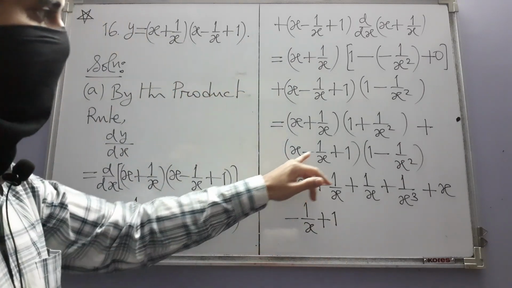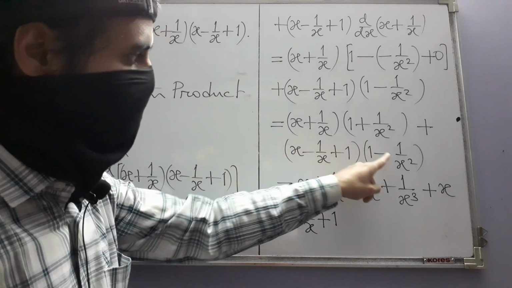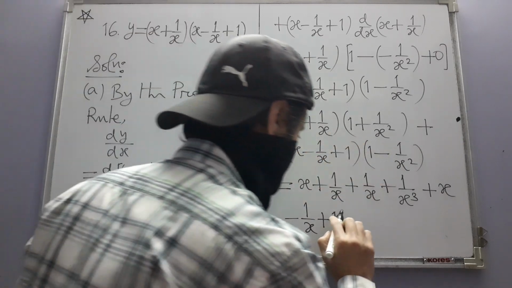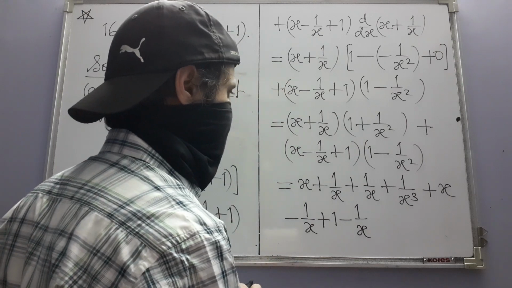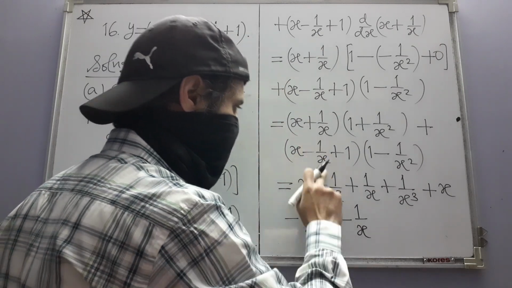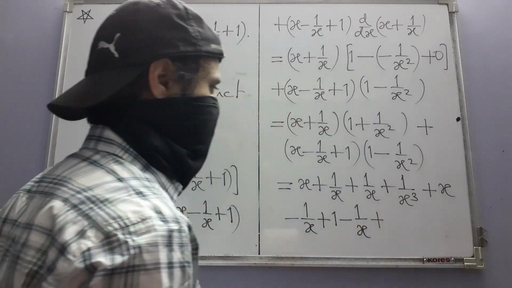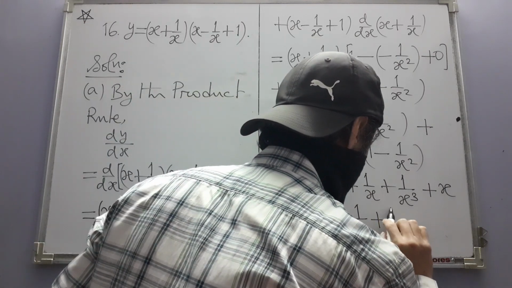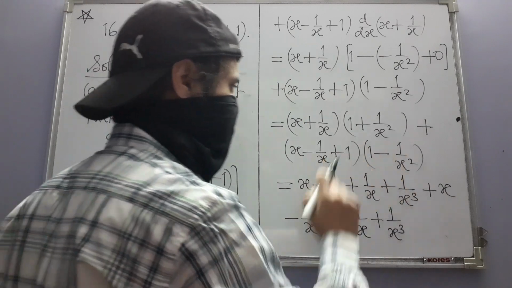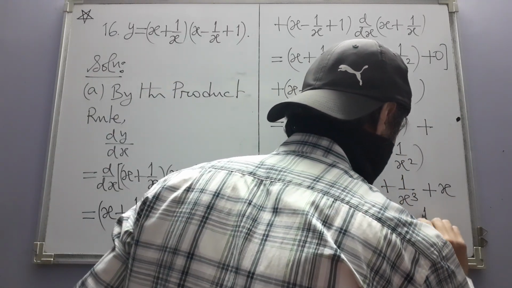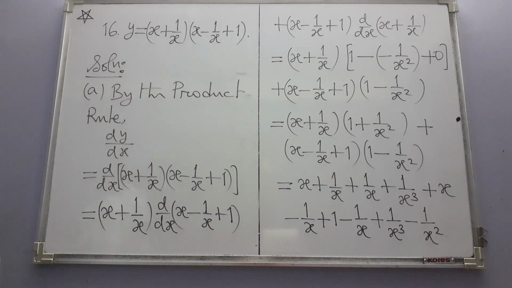And then we multiply these terms by minus 1 over x square. x times minus 1 over x square is minus 1 over x. Then minus 1 over x times minus 1 over x square. Minus and minus become plus 1 over x cube. And then this times 1 is minus 1 over x square. Okay.